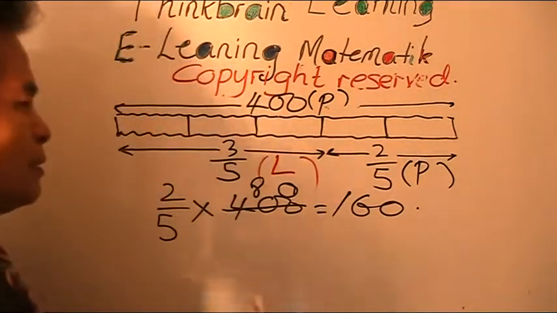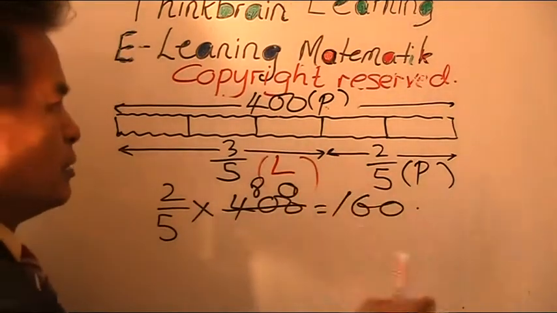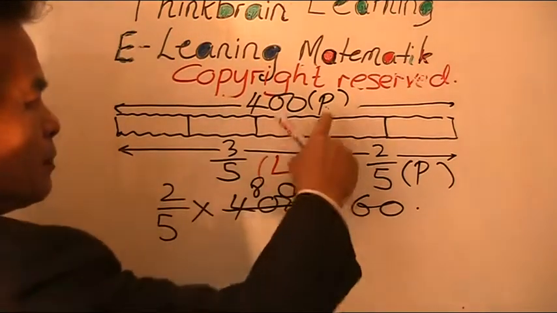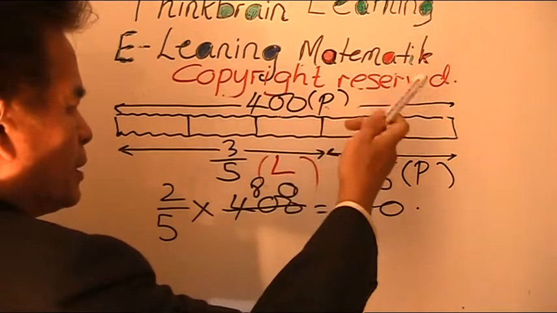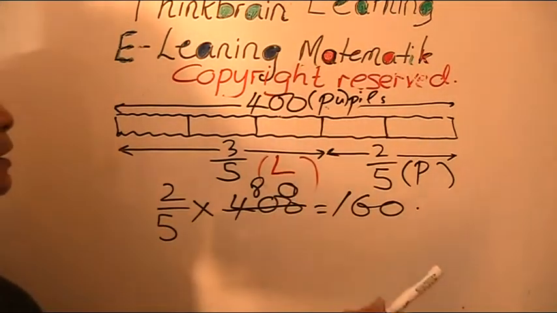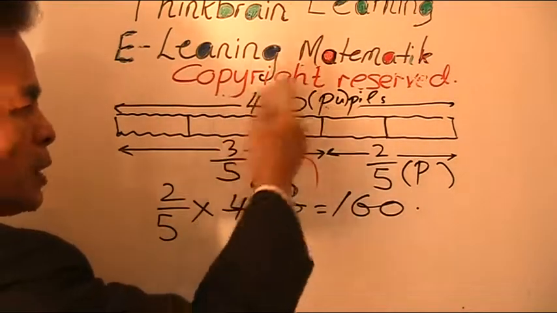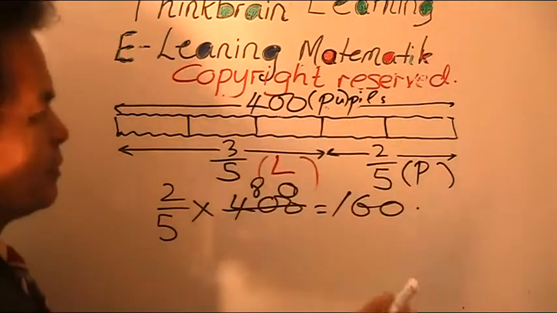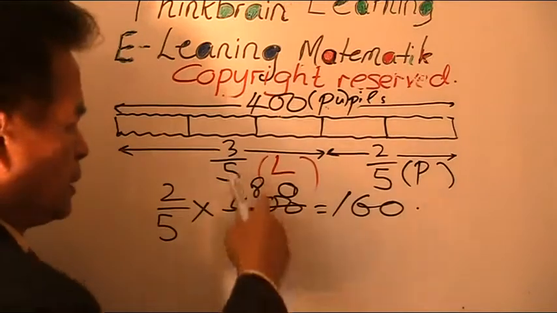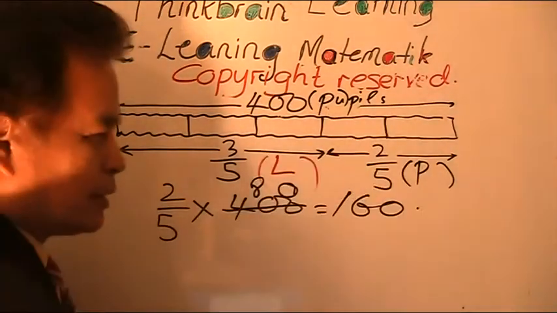Saya ulang balik. Kalau kamu nak faham lagi, tukar soalan ni. Yang saya bagi 400 pelajar. Ini pelajar ni bukan perempuan, pelajar. Pupils. Tukar dia ke 800 ke 1000 ke, tak kisah apa tukar. Kemudian 35 tukar dia 25 lelaki. Cari berapa perempuan.